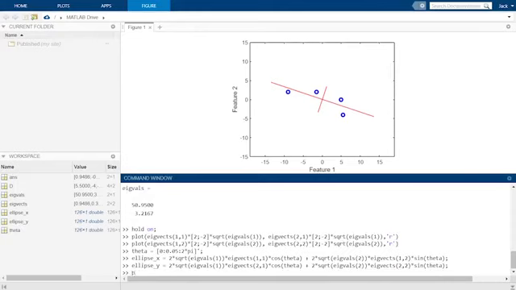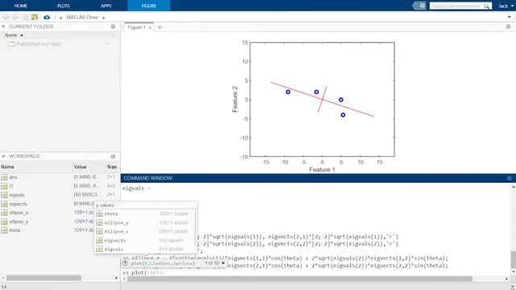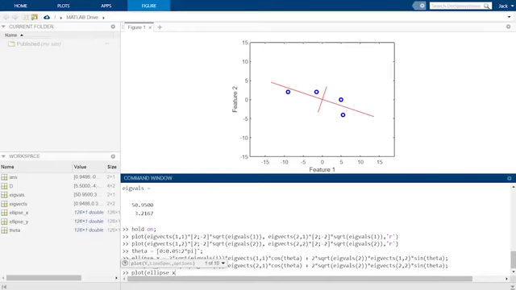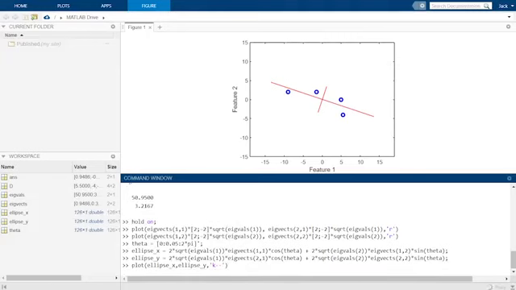Finally, we plot the ellipse simply using the plot command with the ellipse x and ellipse y coordinates as arguments, and the 'k--' string will plot it as a dashed black line.